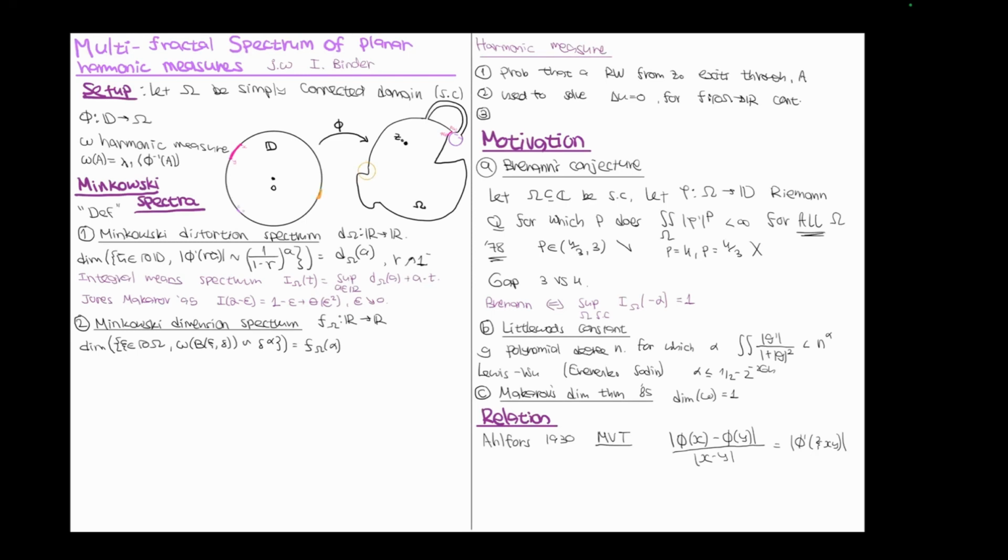So I'm going to have here, say, 2 points, say A and B, and they somehow correspond to these 2 points, A and B. Now, what is the distance between phi A and phi B? The distance between phi A and phi B is the length of this chord, which is comparable with the diameter of the disk. So this top part here is comparable with the diameter of the disk I started with.